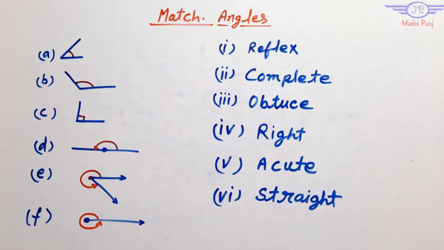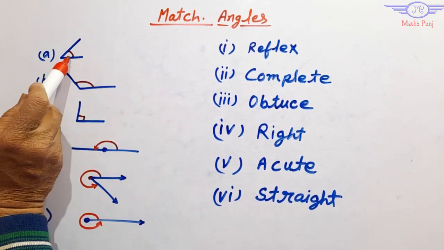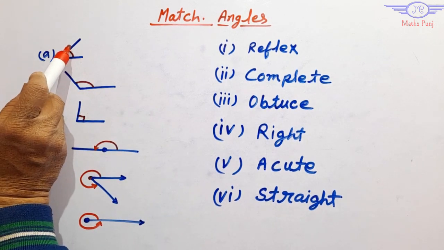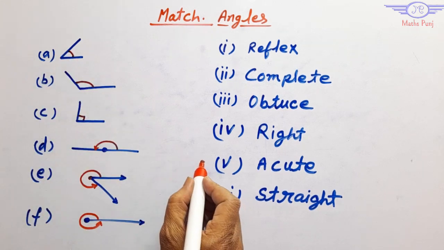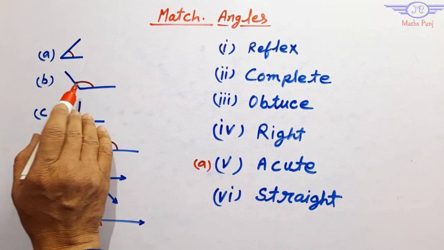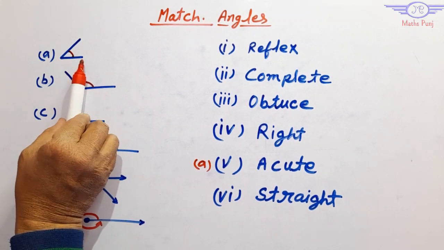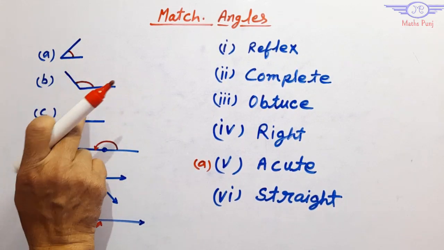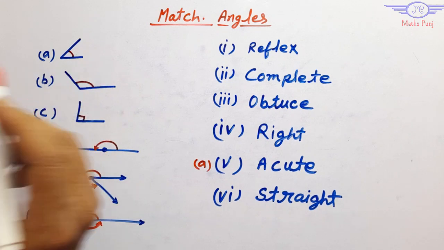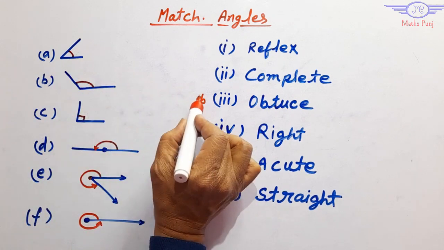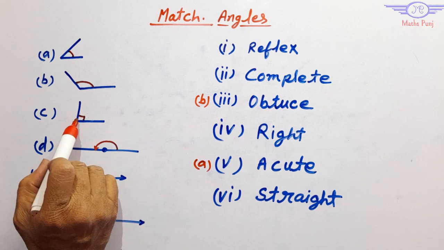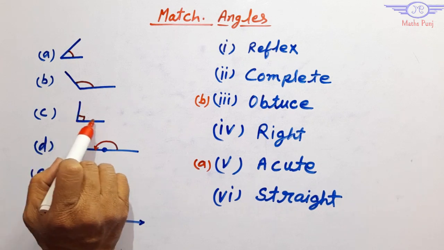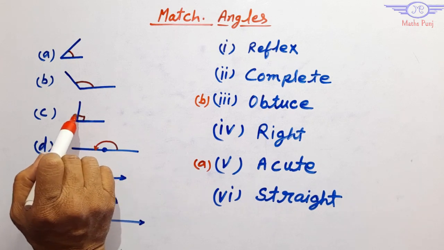Let us do an exercise matching the names of angles. This angle is greater than 0 but less than 90 degrees, so it is an acute angle. This angle is greater than 90 degrees and less than 180 degrees, so what is the name of this? This is an obtuse angle. This angle is exactly 90 degrees, so it is called a right angle.